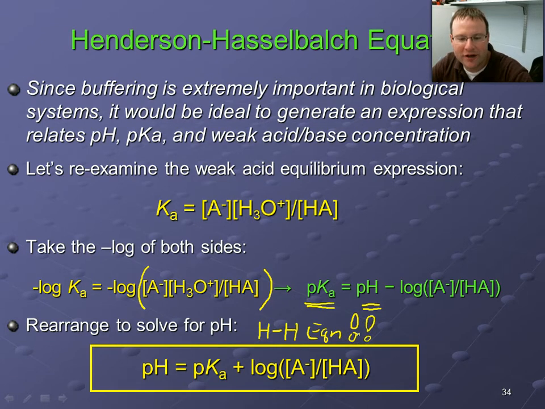Now, not to be too flippant here, but if you take a closer look at this equation, what does it kind of remind you of? Well, if you said, gosh, this looks a lot like the delta G equation we had about a webcast ago, you'd be exactly right.